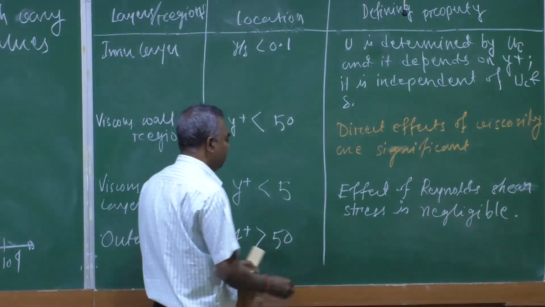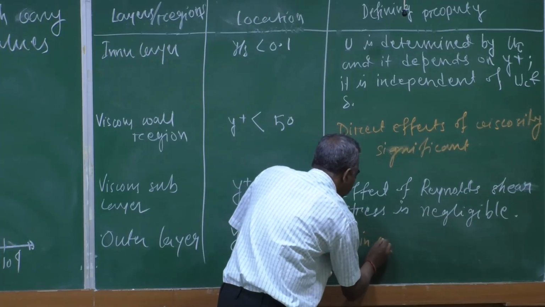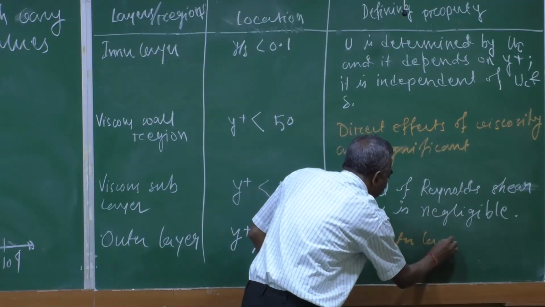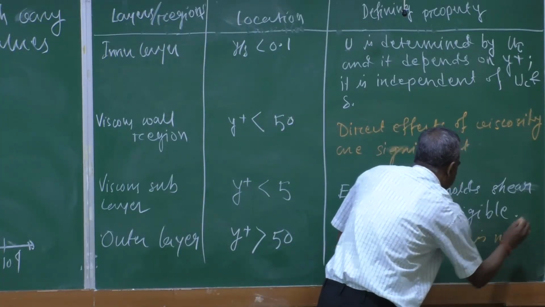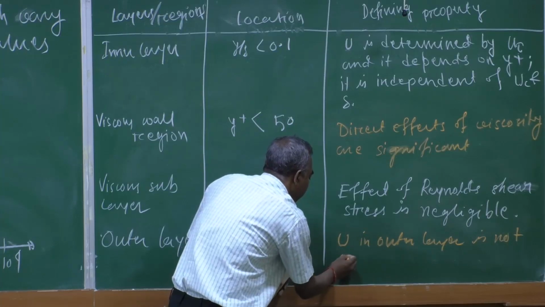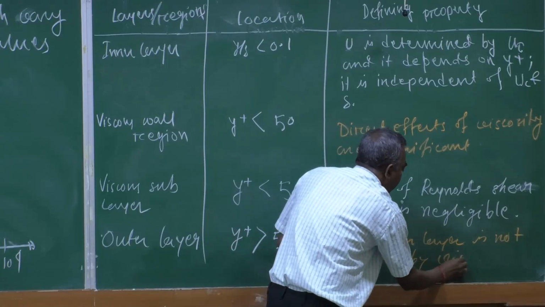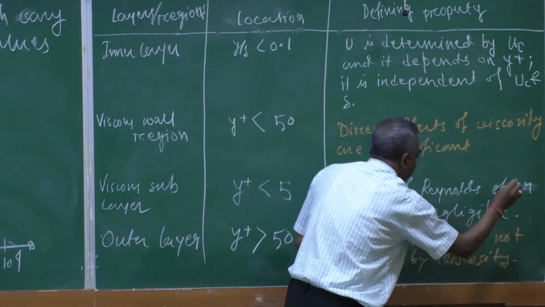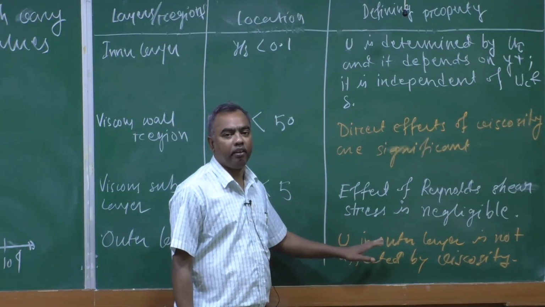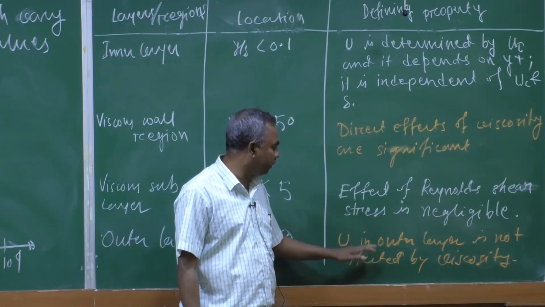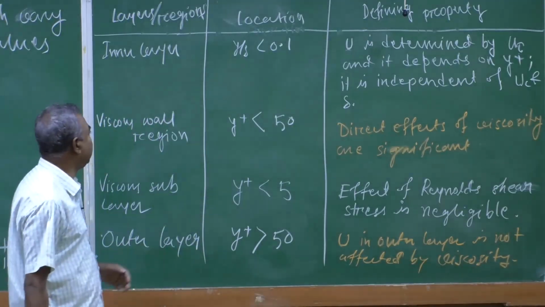The mean velocity in the outer layer is not affected by viscosity. That is, the direct effect of viscosity on the mean velocity profile is negligible, that is what you can consider. So, that is our outer layer.